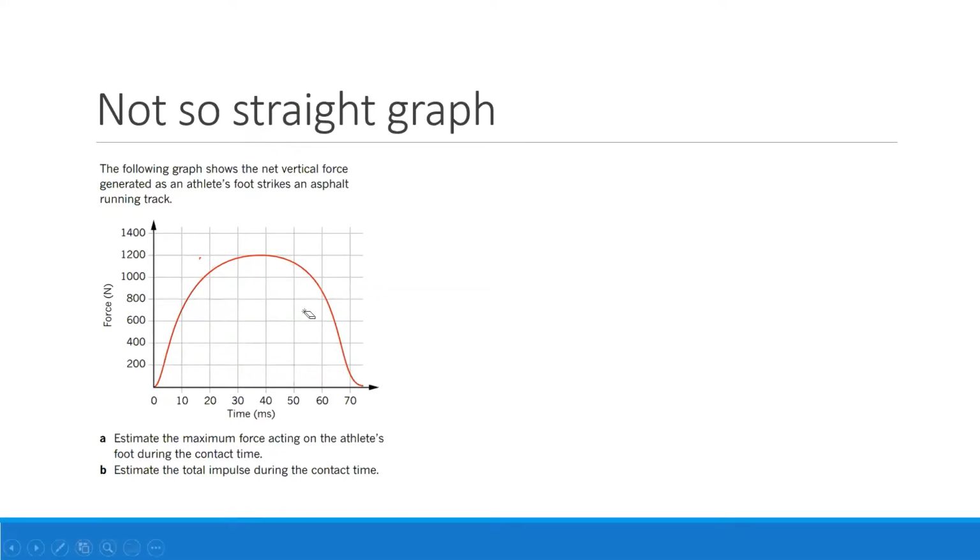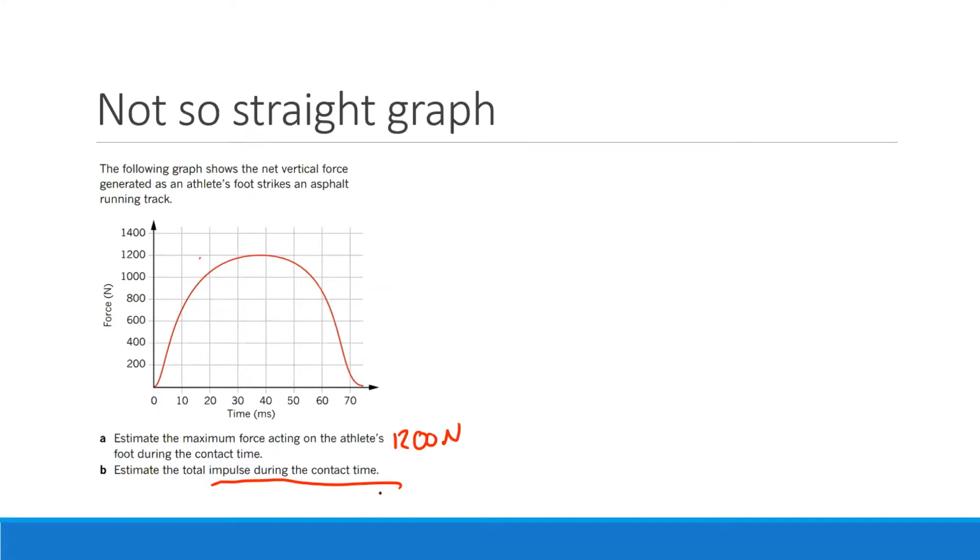So, estimate the maximum force acting on the athlete's foot during the contact time. The maximum force is going to be about there. I'd say that's 1,200 newtons. Then it says estimate the total impulse during the contact time.